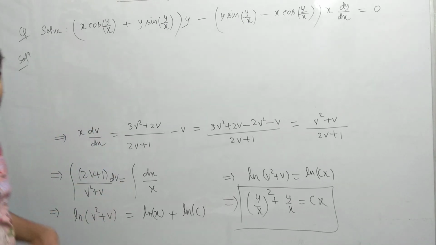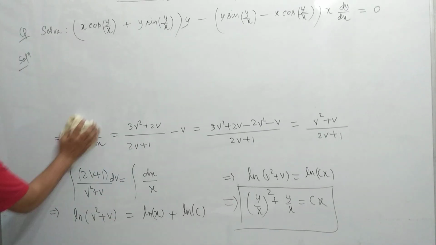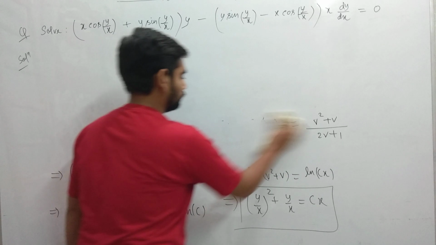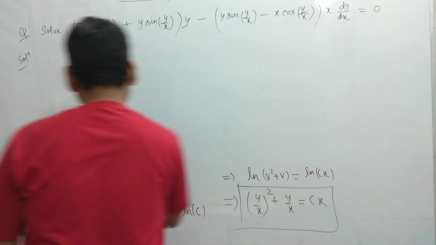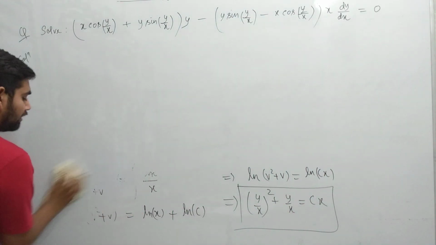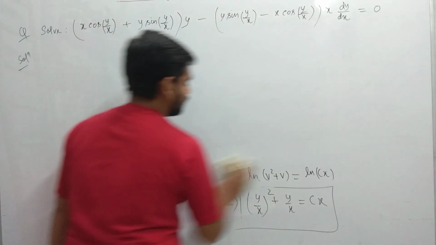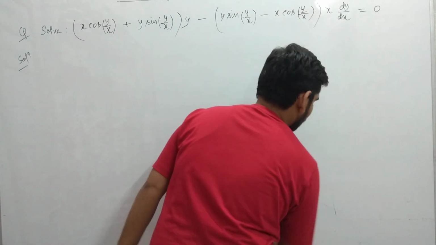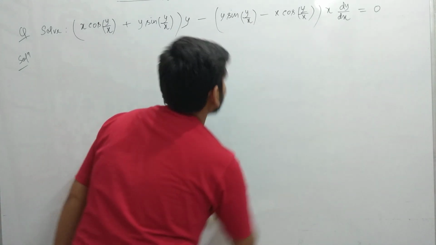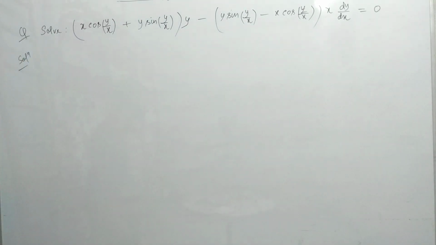This differential equation can be written in the form here. We can easily see that the variables are not separable since y and x are present in the argument of sine and cos.